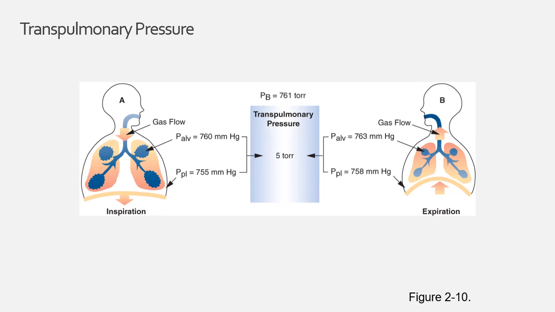For example, if the pleural pressure is 755 and the alveolar pressure is 760, as pictured in A, then the transpulmonary pressure is 5. This happens in inspiration.